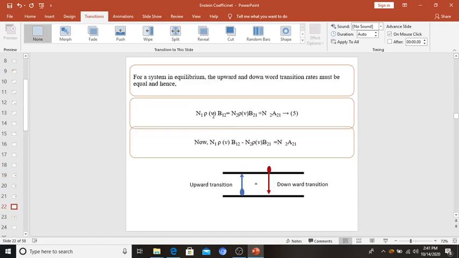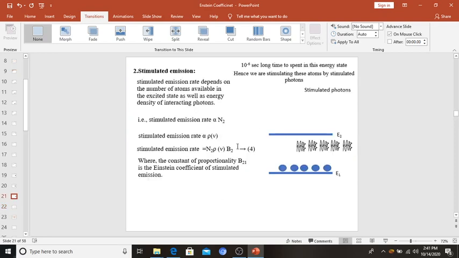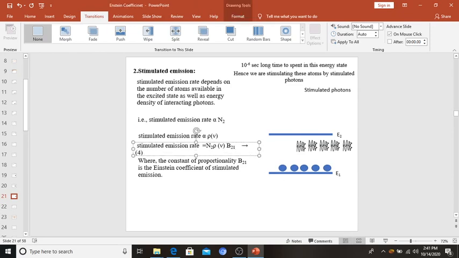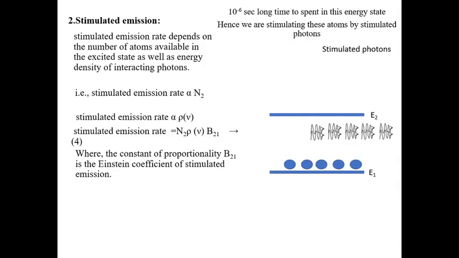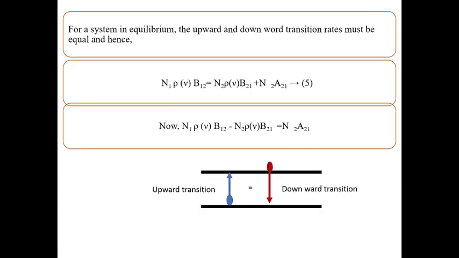Now we are writing here, N2 rho of nu B21 is the stimulated emission. So you can see here N2 rho of nu B21. So it is a stimulated emission. Next, N2 A21 is the spontaneous emission.